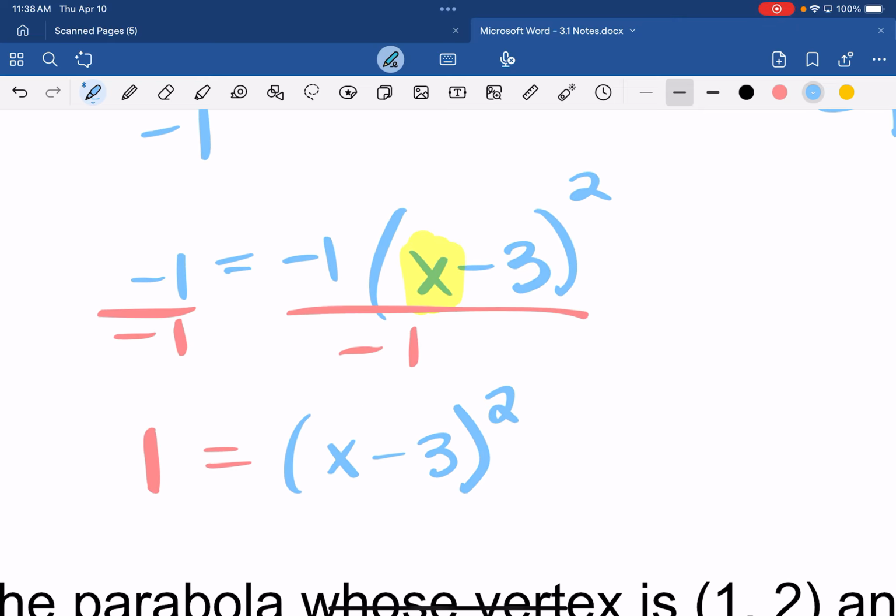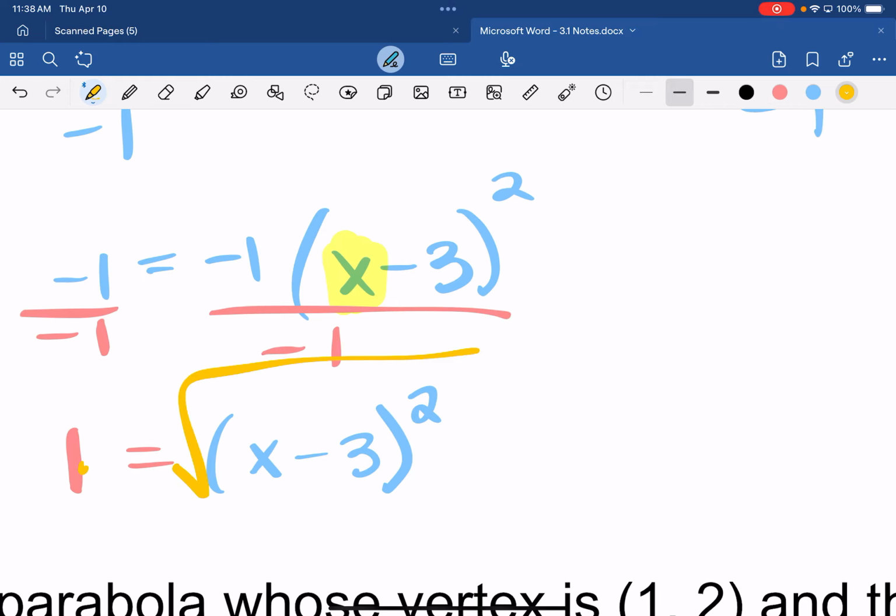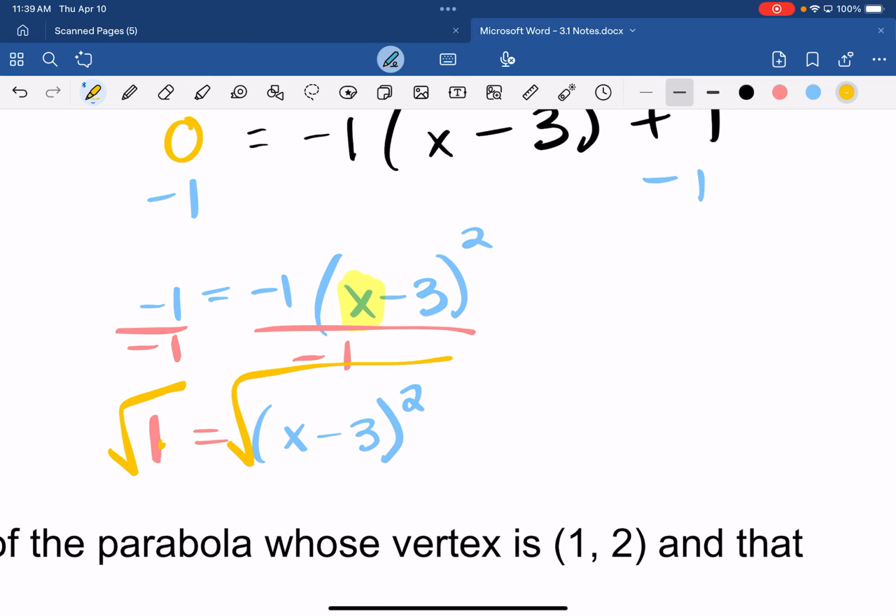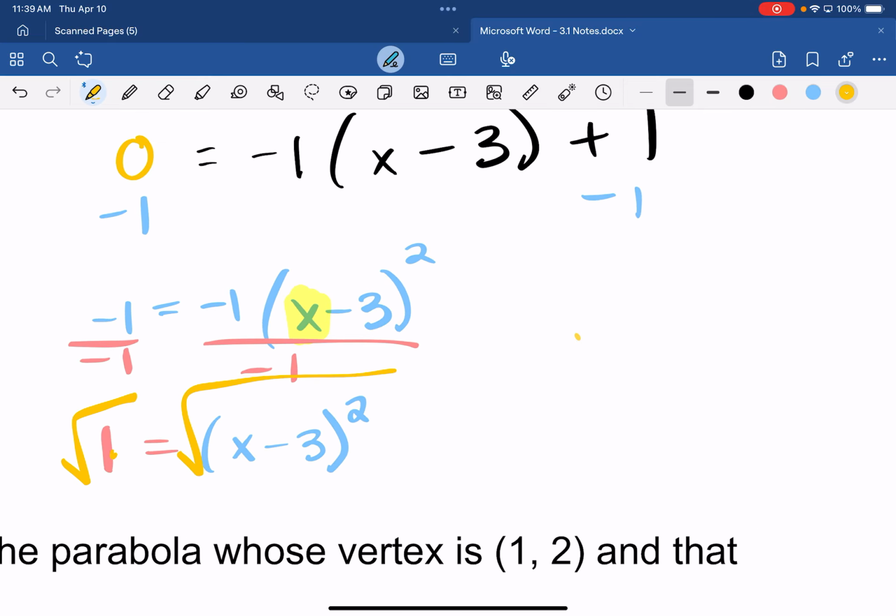How do I get rid of that little square? Yep, square root, on both sides. Now we're solving, so when we take the square root of 1, we have to consider that it's positive or -1. Equals x minus 3.